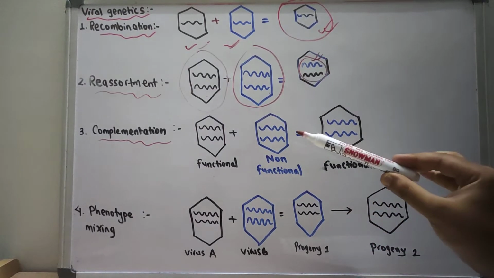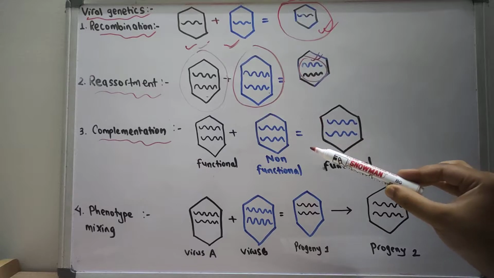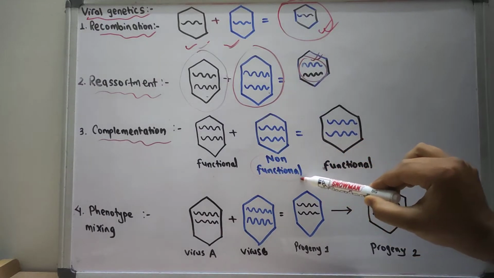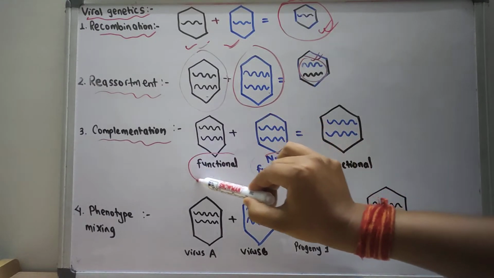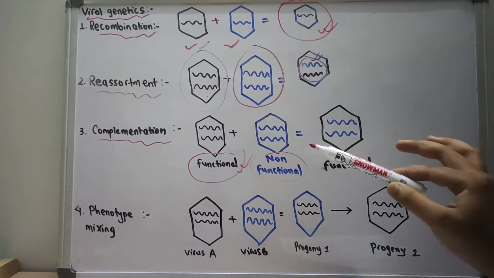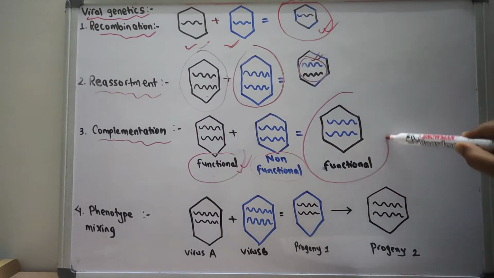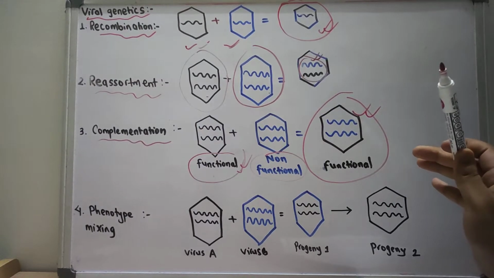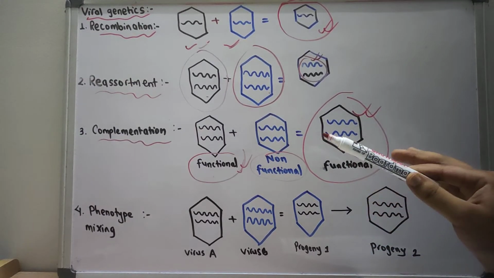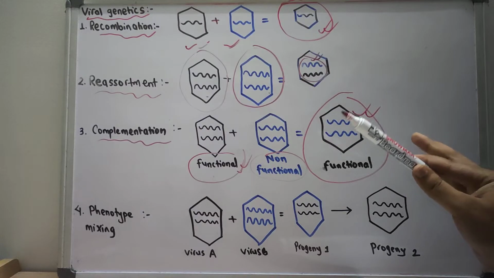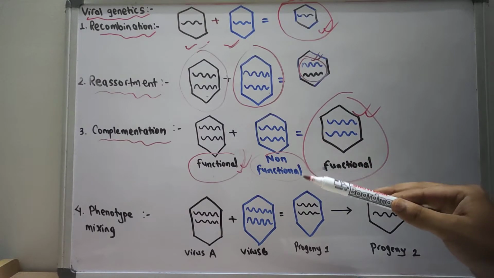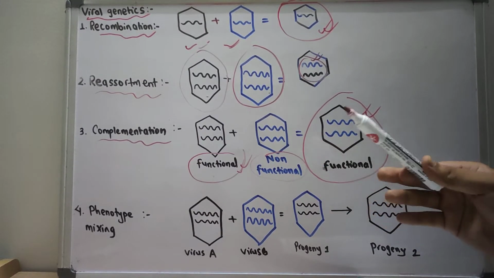That means if there is a non-functional virus present along with a functional virus, by the process of complementation a functional virus is achieved. So it is a functional interaction between the gene products, the proteins specified by the genes of the two viruses.